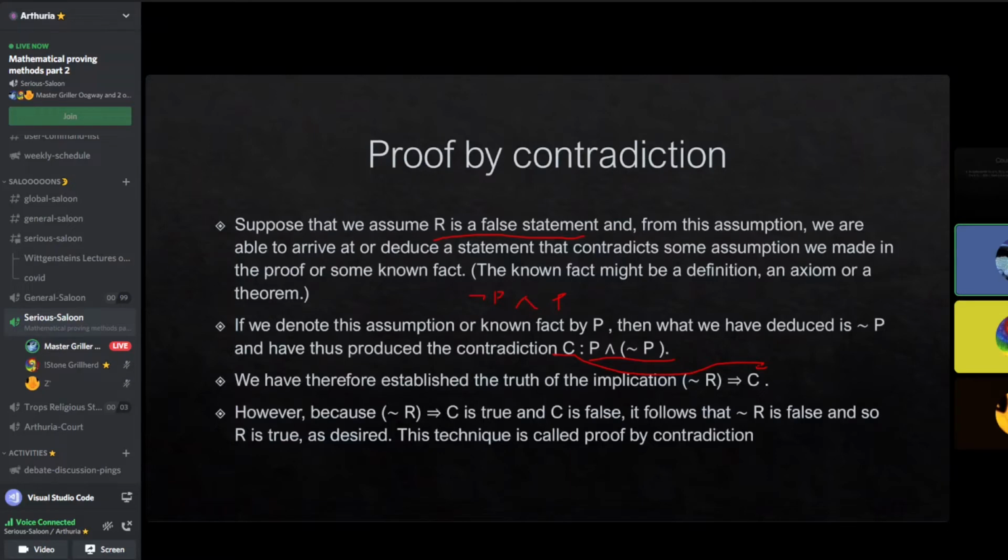And then you can think of truth tables. In the next slide, I will show you the truth tables, and if anyone has questions about what this means in implicational understanding, like in truth tables, I can explain it there. But generally, if the implication is true and the conclusion is false, it follows that not R must also be false.